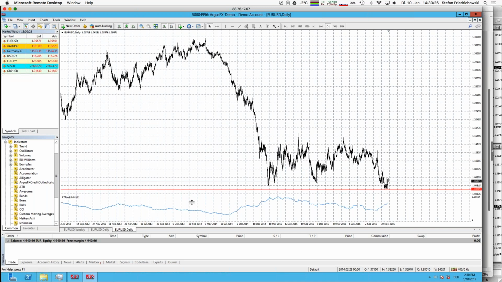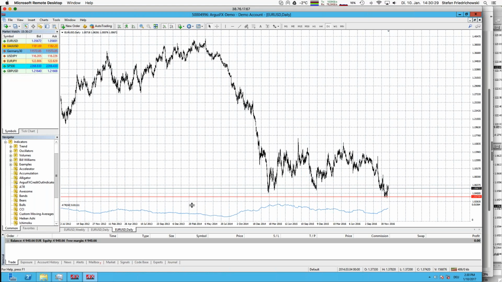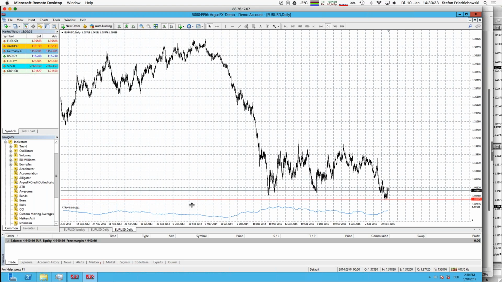So now it works. Now I have the ATR chart a little bit smaller, which is big enough, because finally I only want to have the number. I don't need a really big chart for that.